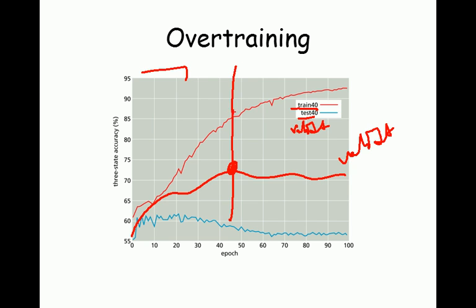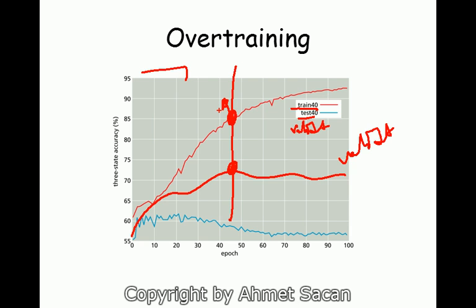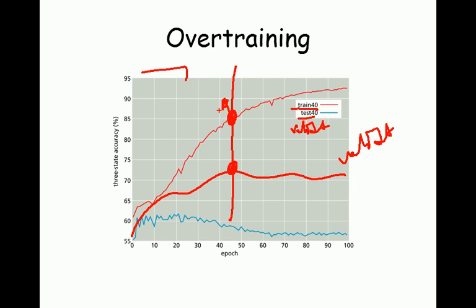Okay, so this is the point, and we'll use the weights of the network at that point as the final learned network. And then we'll use this for any future prediction. And then you would also have your test set that you can use to report your performance.